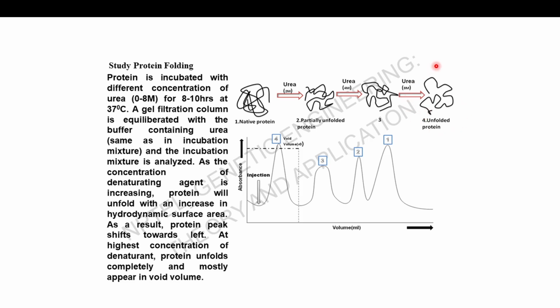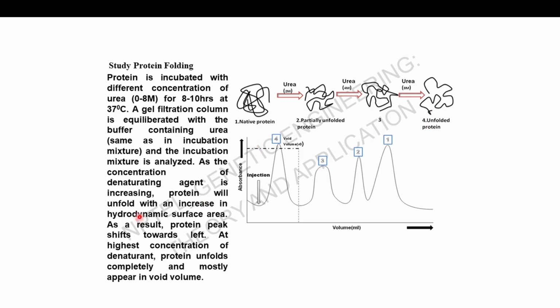The unfolded protein will have problems getting inside the pores as compared to the well folded native protein, which, because of its smaller hydrodynamic volume, can get inside the pores easily.